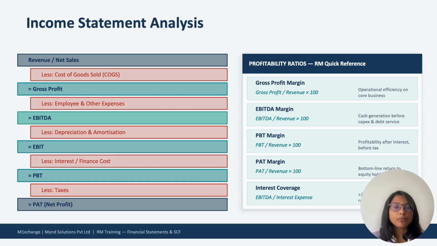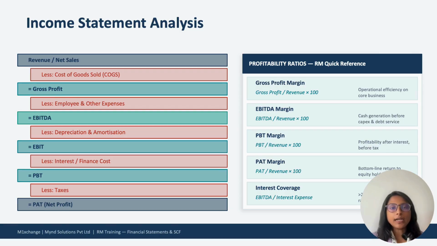So the formula is EBITDA divided by interest expense, that is the profit generated from its core operations divided by interest expense, or a more conservative formula will be EBIT divided by interest expense, because I'm also removing my taxes, because taxes are something I have to pay. So I'm doing EBIT, which is earnings before interest and taxes, EBIT divided by interest expense.